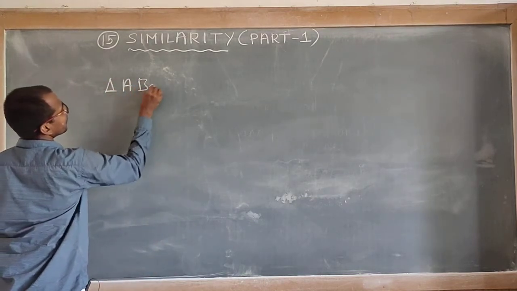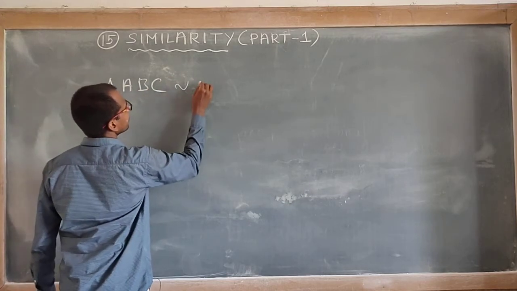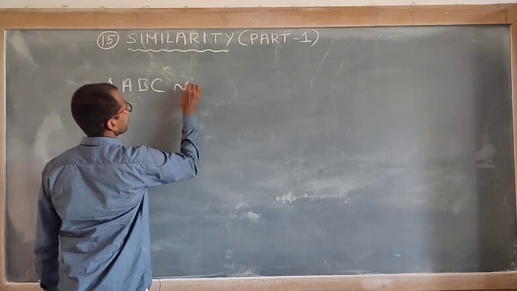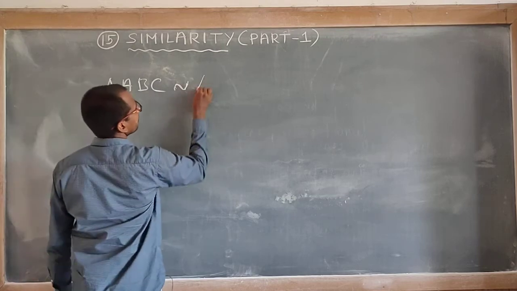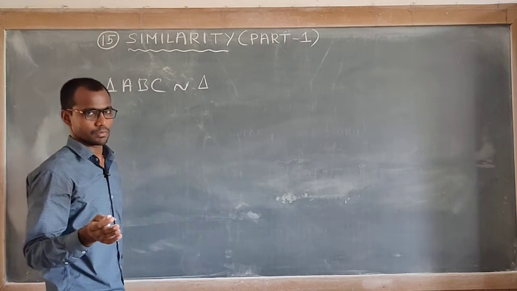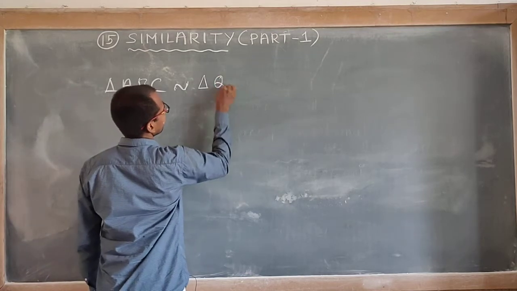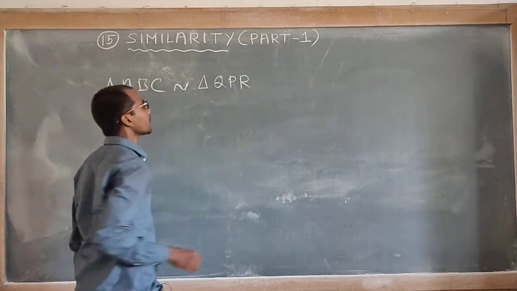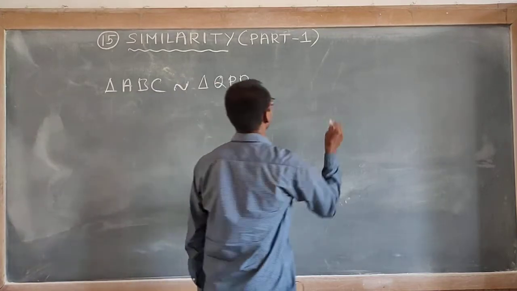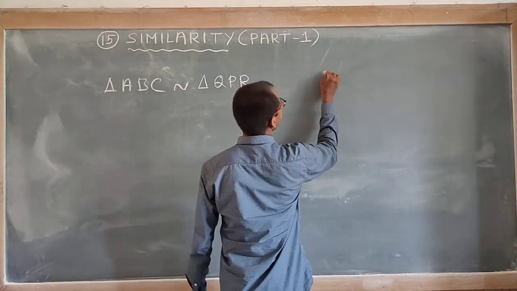Triangle ABC is similar to, this sign is given to show that their shape is same, only shape. Suppose triangle ABC is similar to triangle QPR. It is given, suppose. I am drawing the two triangles.